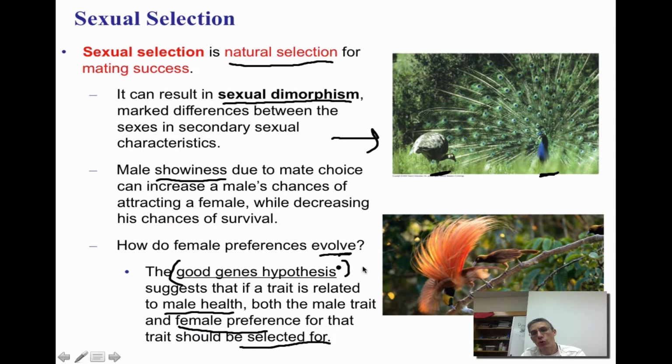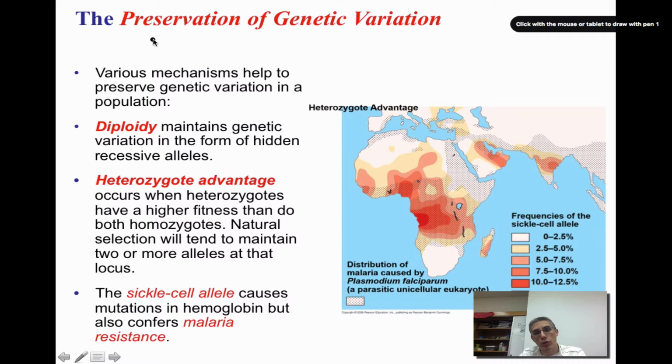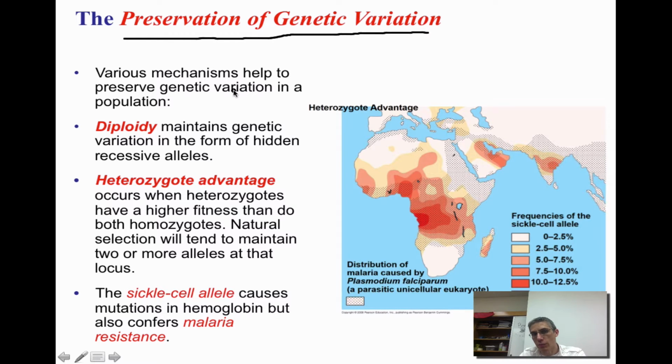So in other words, both of these traits actually work in tandem with each other to remain in the population. Now, sometimes we need to think about these genes as actually remaining in a population. So what they refer to is something called the preservation of genetic variation, because sometimes it actually becomes beneficial to have what we would consider a harmful allele in our population.